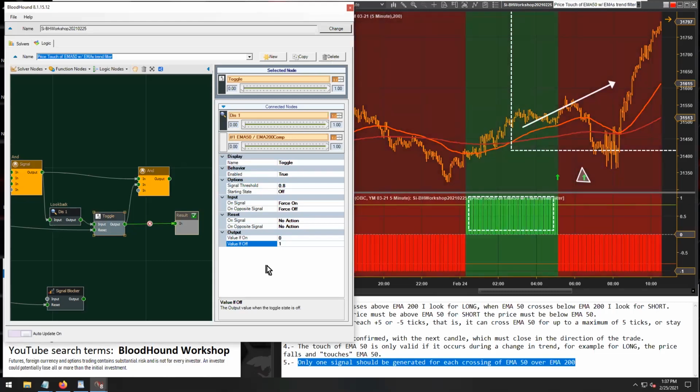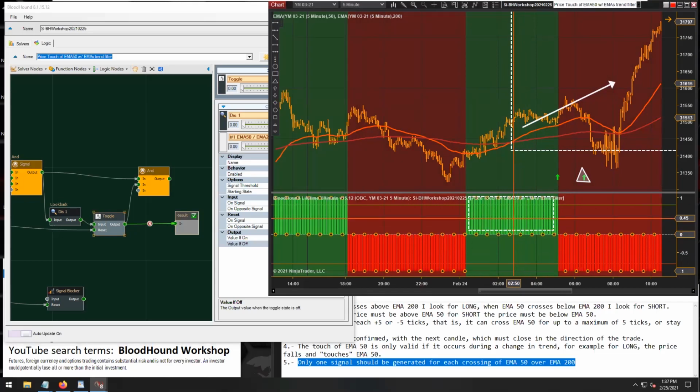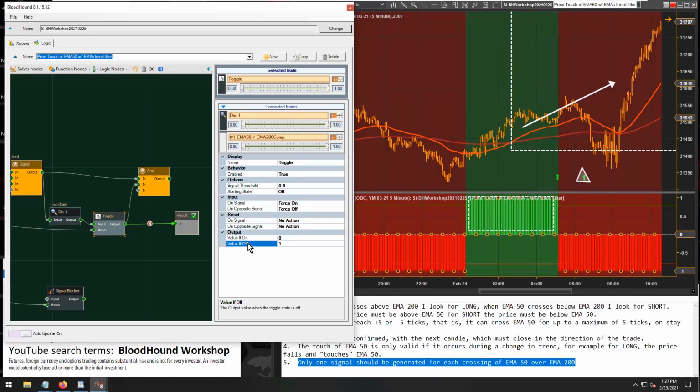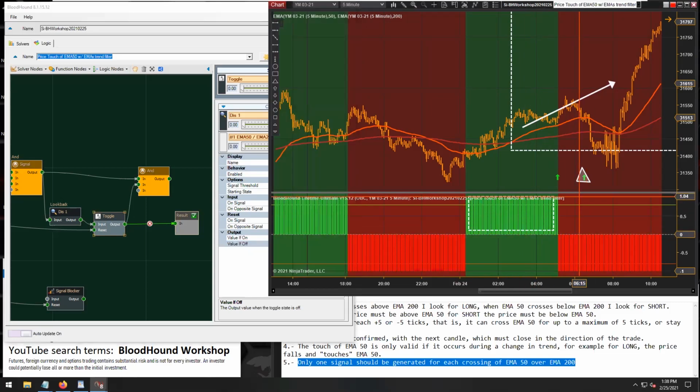So we're getting an output now when the toggle node is off. If you read it, it says value if off. So on the long side, that toggle node is off, but we inverted that, reversed that.